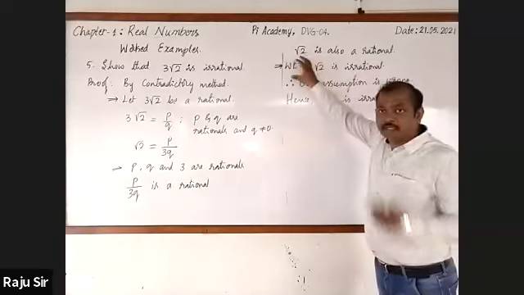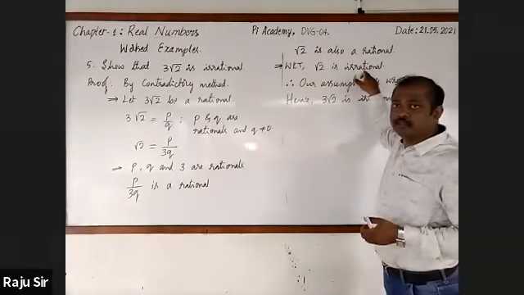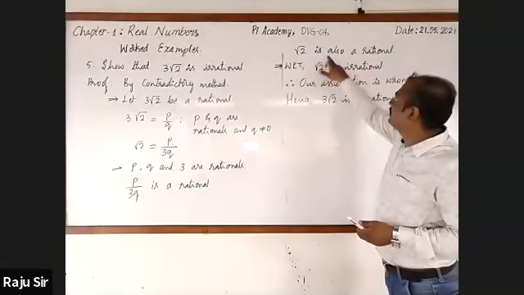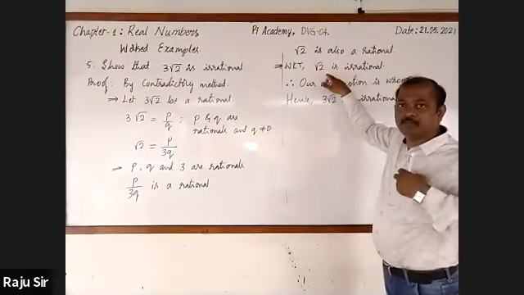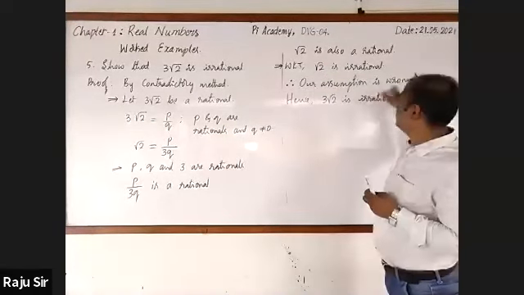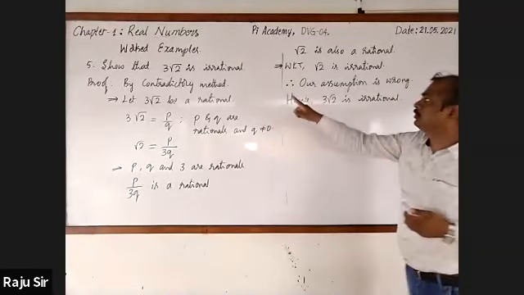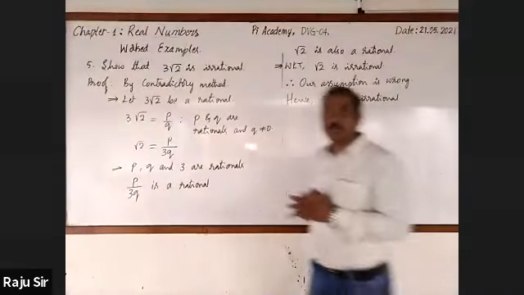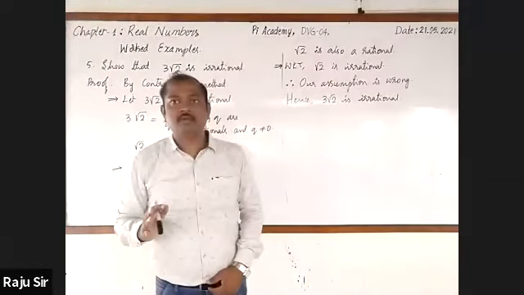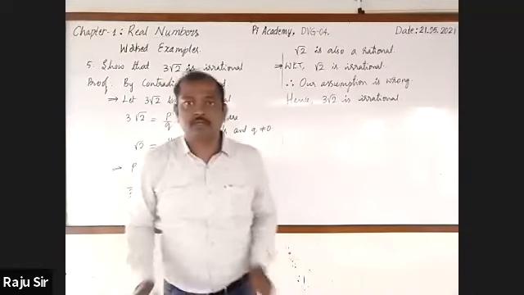But we all know that actually root 2 is irrational. So this will contradict our statement. Hence our assumption is wrong. As a result of it, you can write 3 into root 2 is irrational. Is it clear? Hope that you have understood.